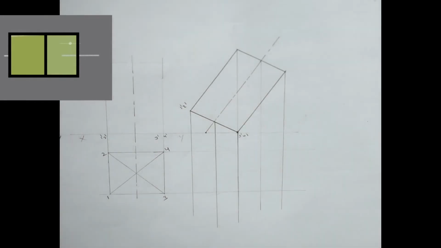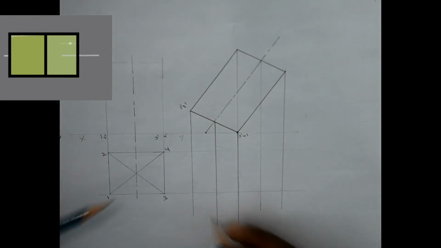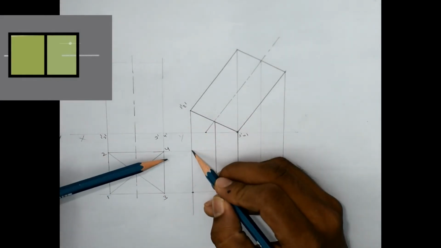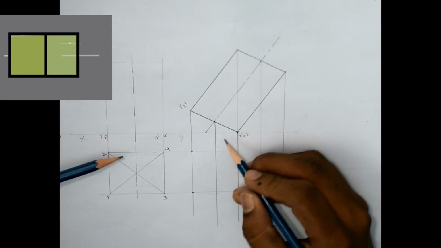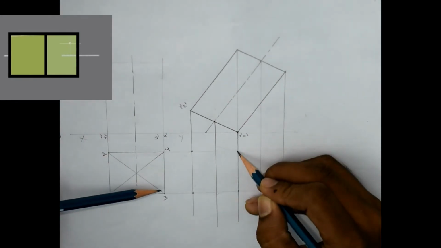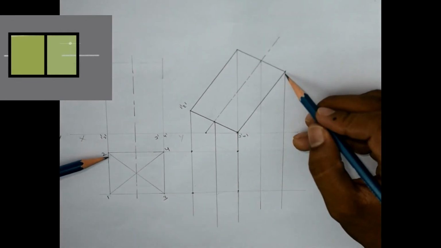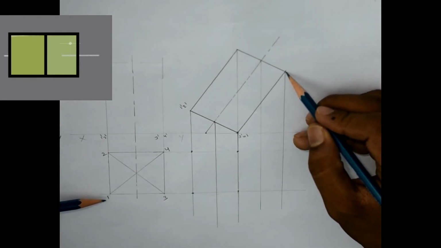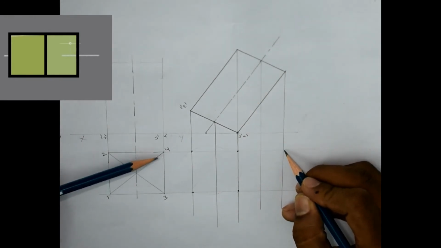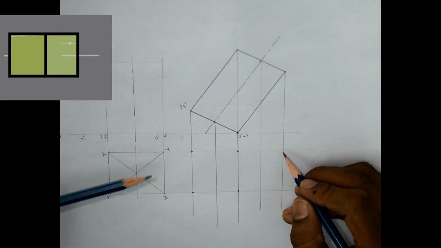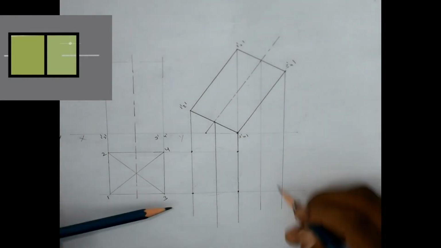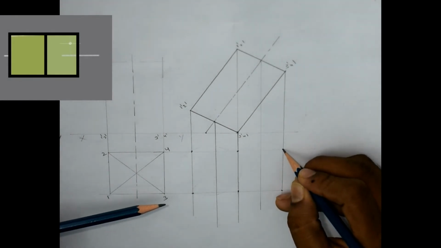So I need to match the first point, point number 1 from here and here, point number 2, this is the center point, the point number 3, 3 is here, and 4, point number 1 from here again, same points. I'll mark 1 dash, 2 dash here also, 3 dash, 4 dash, 3 and 4.